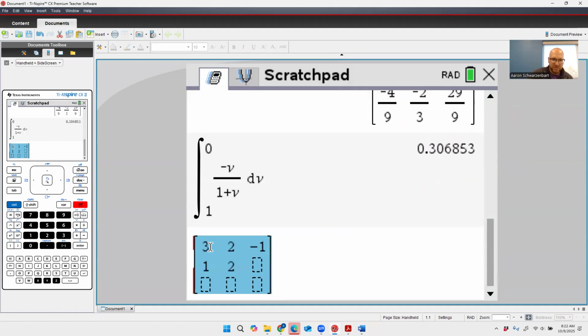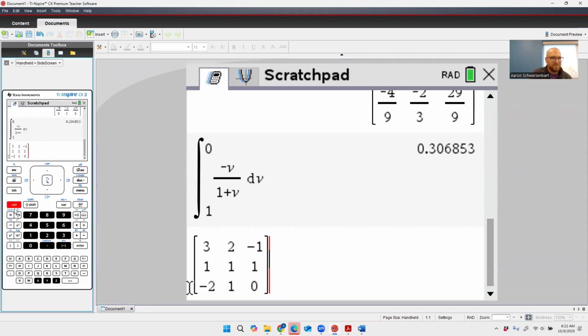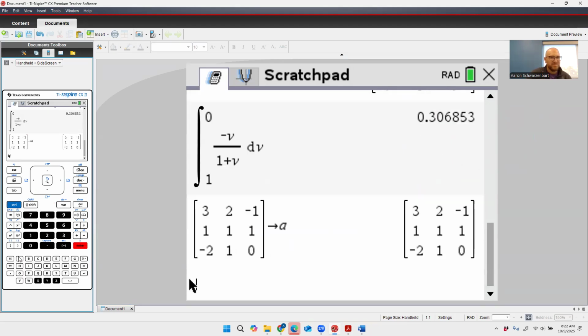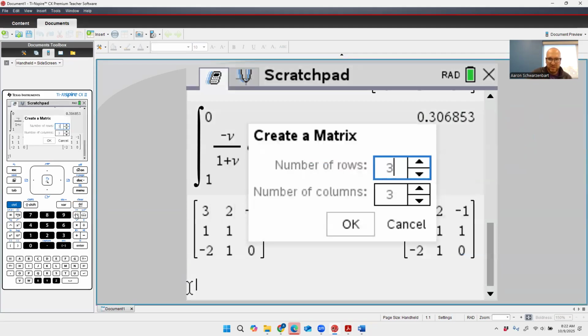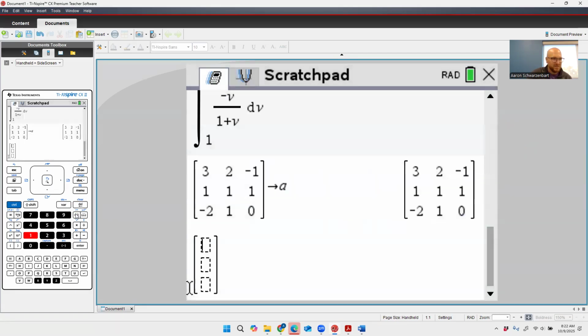Oh, those are supposed to be ones. This is -6. -2, 1, 0. For the fun of it, I'm going to store it as A. Then the next one: 3, I have to scroll over to go down by 1. Enter. 4, 0, 1. I'm going to store it as B.